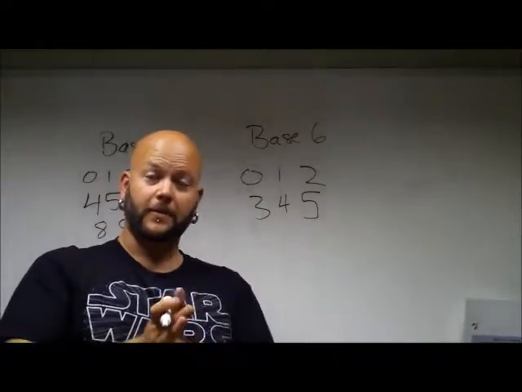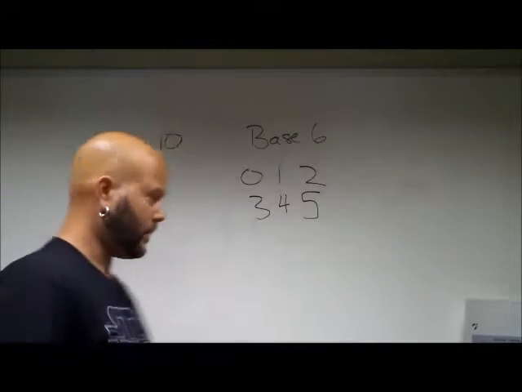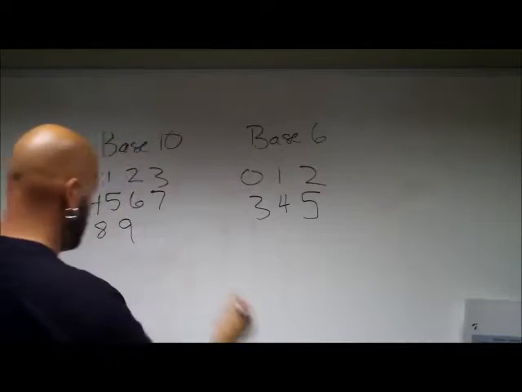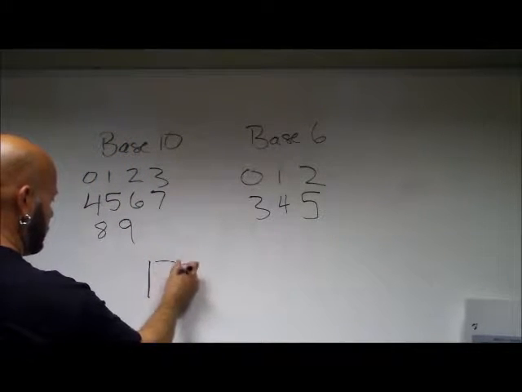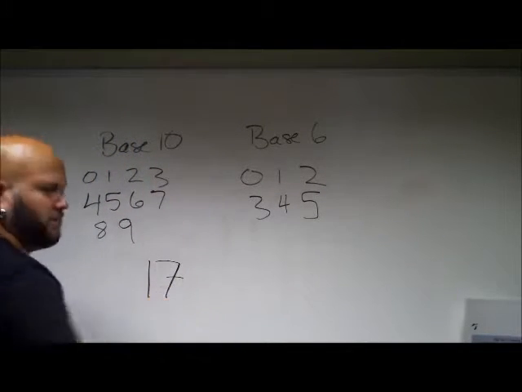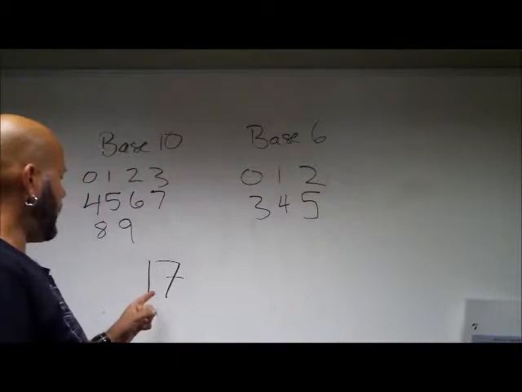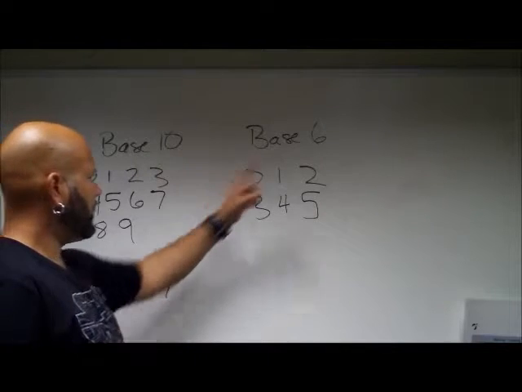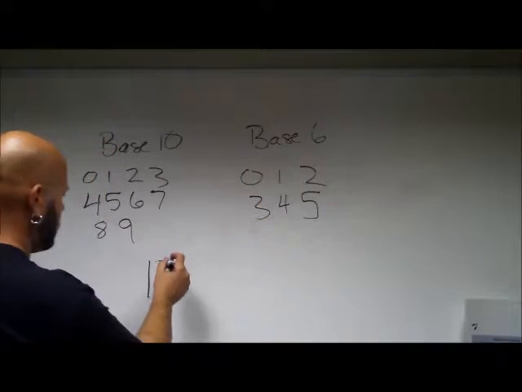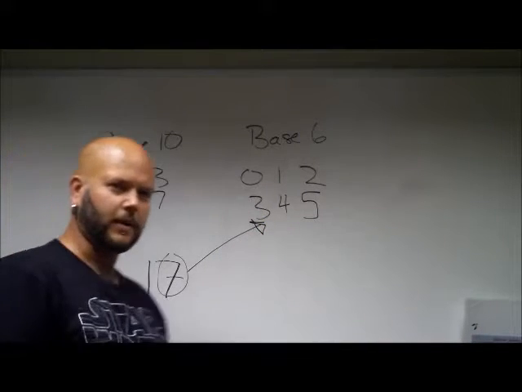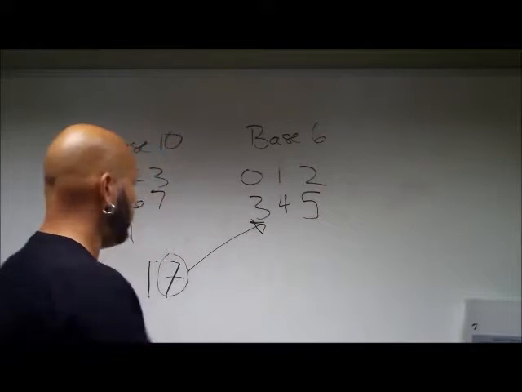So let's figure out if I want to take a number in base 10, which is what we're used to saying. So for instance, this number here in base 10, 17. We all know what 17 is. But how can I write 17 in base 6 when I don't have the number 7 in there? Well, I'll show you how.